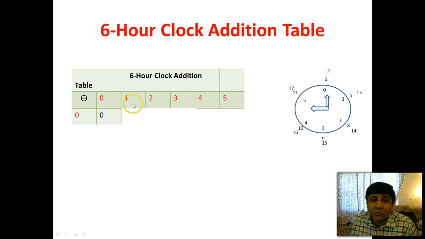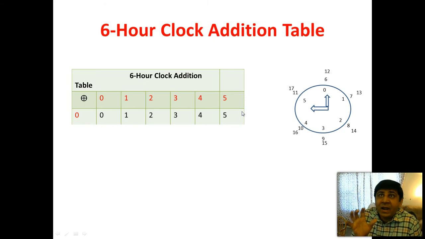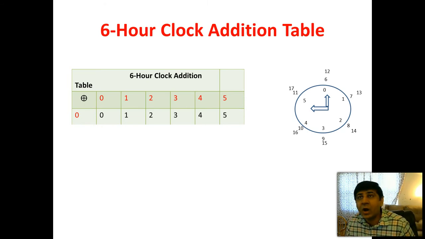Add 0 to 1, we get 1. 0 is not going to change anything. It's that identity. If you add 0 to 2, it will be 2. Add 0 to 3, it will be 3. Add 0 to 4, it will be 4. Add 0 to 5, it will be 5. We remained in the clock, we did not go outside, so that's why 0 is called the identity.